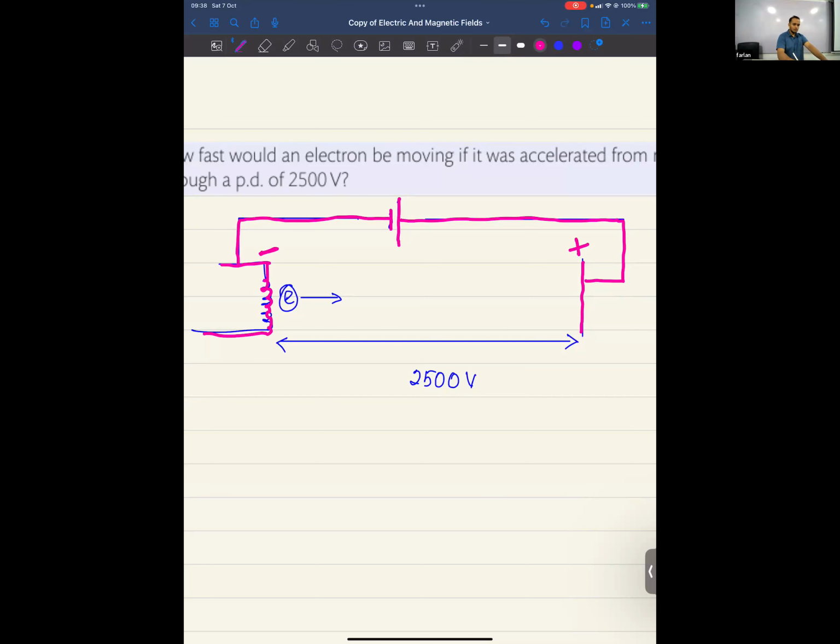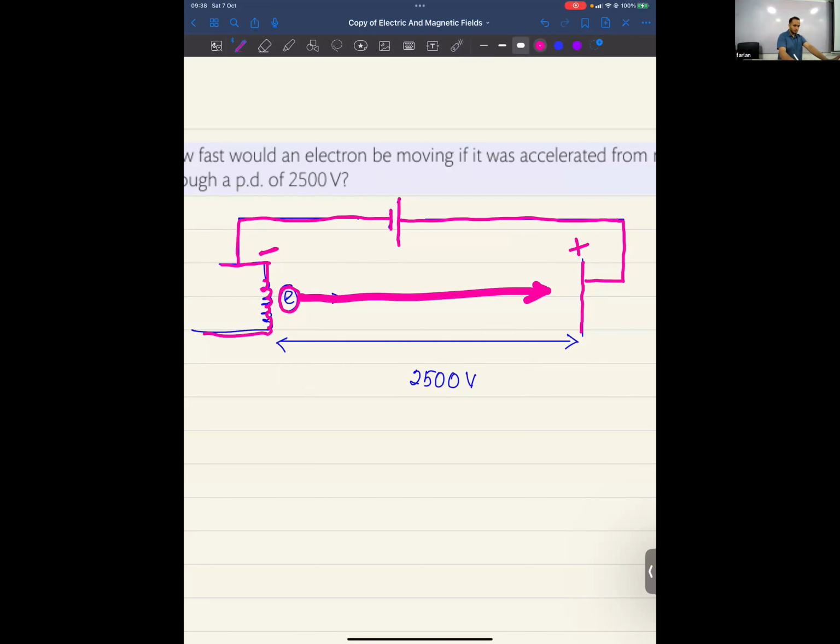So guys, the moment this metal filament emits an electron, what will happen next? Will the electron just stay here at the filament? It will be attracted to the positive plate and accelerate towards it. Electrons are negatively charged.